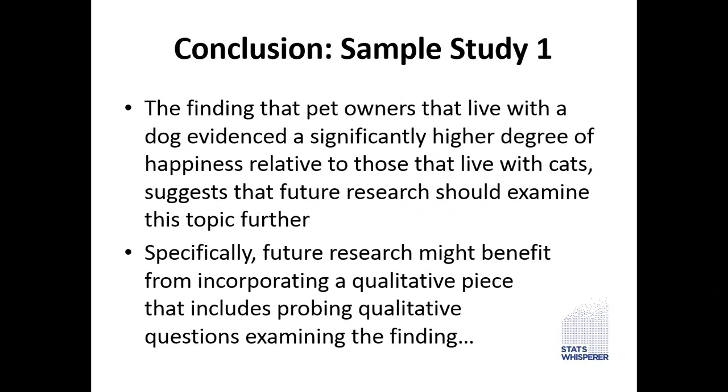So in our next study, we have probing questions that ask people what makes you happier about your pet? What are the demands? What are the rewards? So probing questions to study the topic in greater detail. So a very conservative approach to our conclusion.